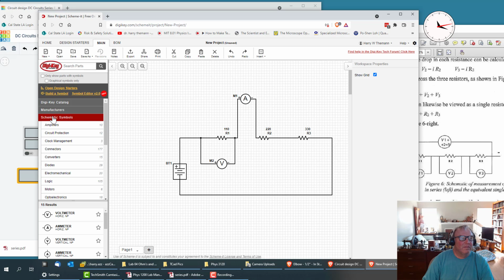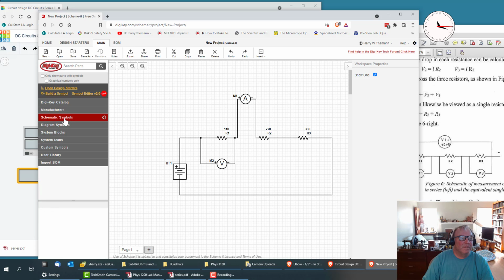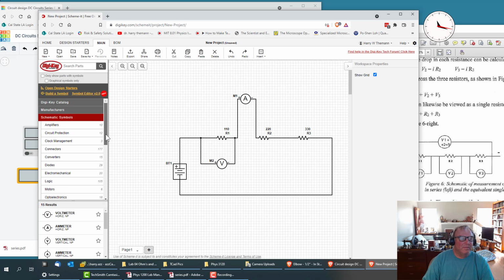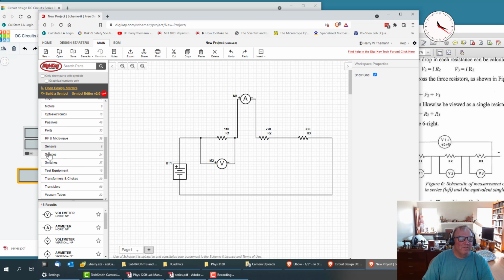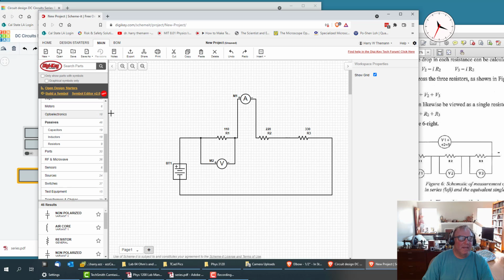All right, so that was how it started. Schematic symbols, and it's sometimes just trying to figure out where to find the part you need. But source is pretty easy. The other one though that was hard, passives. Capacitors, inductors, and resistors are passive.